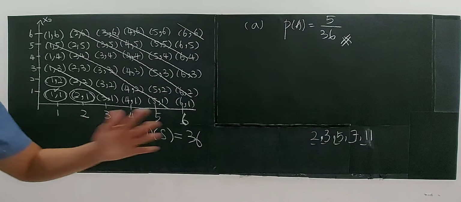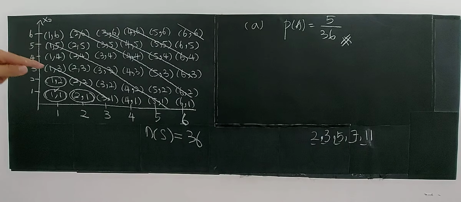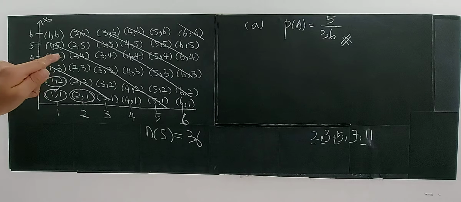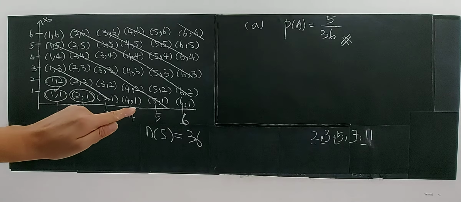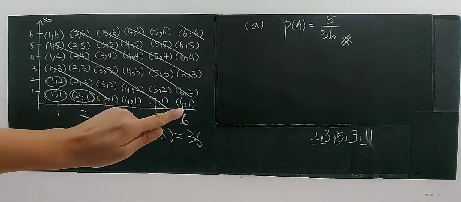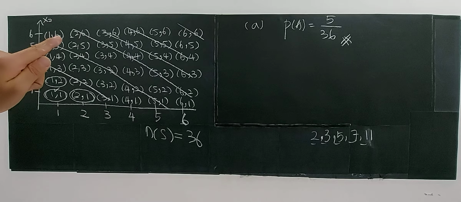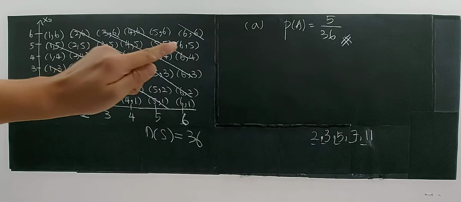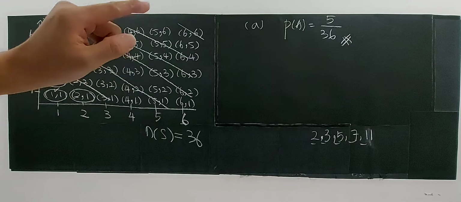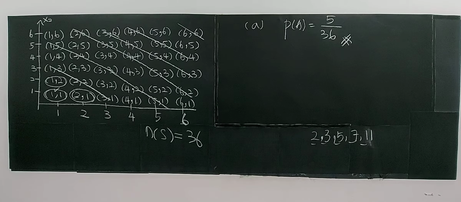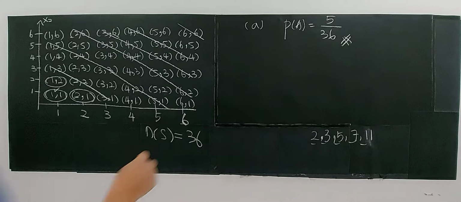So then you calculate. Okay, calculate how many? 1, 2, 3, 4, 5, 6, 7, 8, 9, 10, 11, 12, 13, 14, 15. Count carefully. You have 15 of them, right? So which gives you the probability, alright?